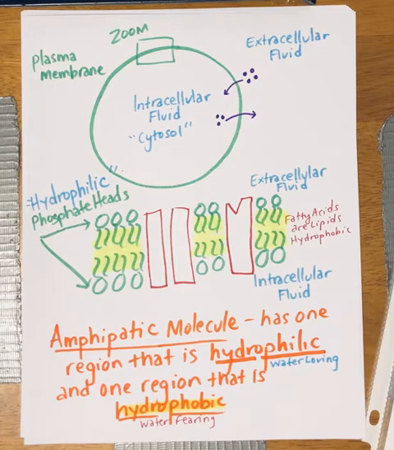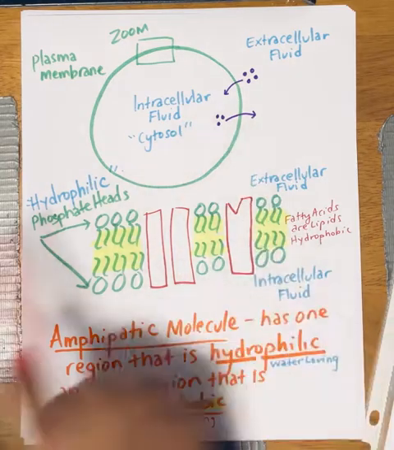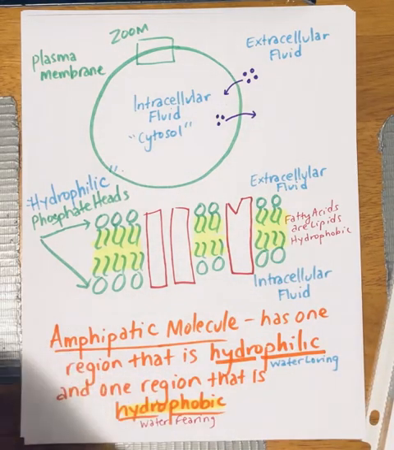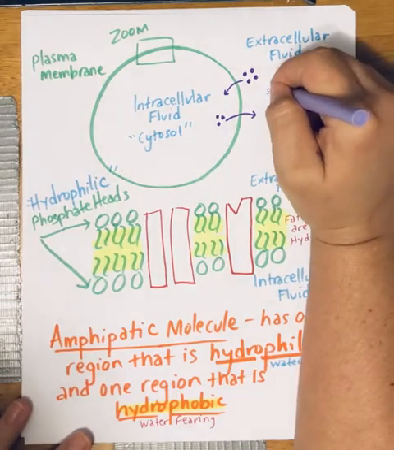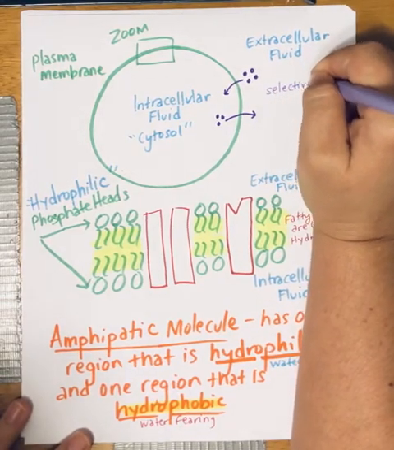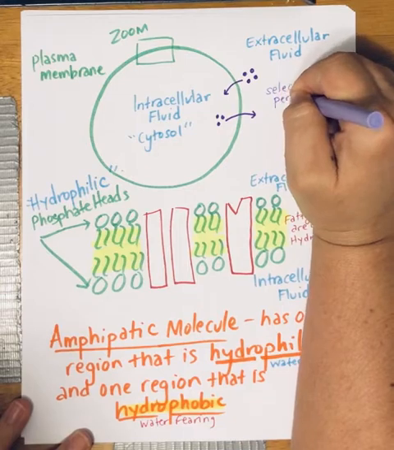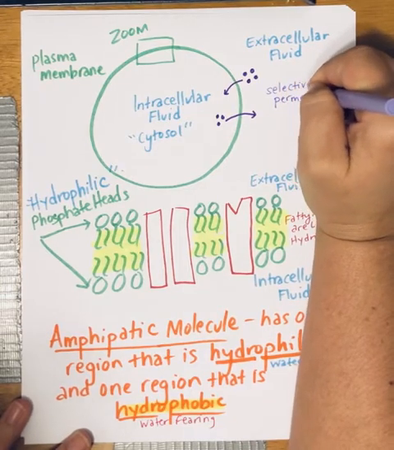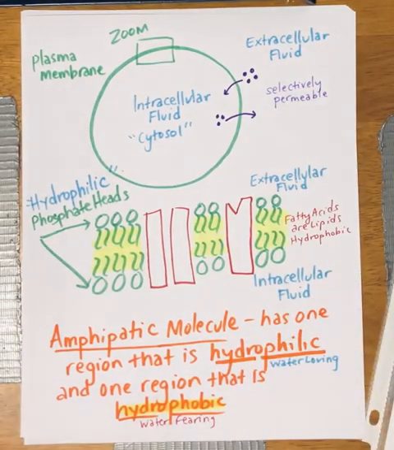So that is all I'm going to cover on plasma membrane structure. I'm going to make another video about transport because we know that the cell is selectively permeable, meaning it regulates or allows some substances to enter and some substances to exit.